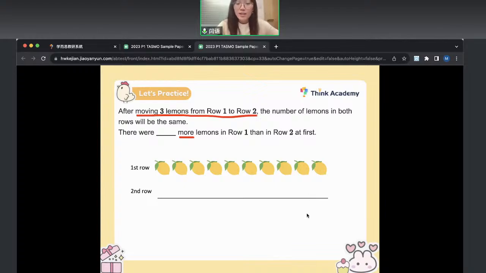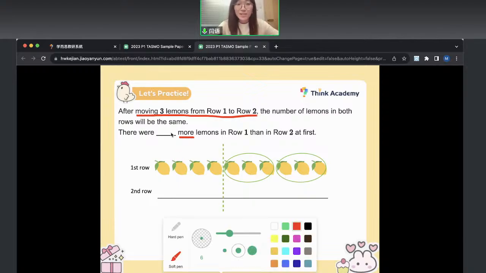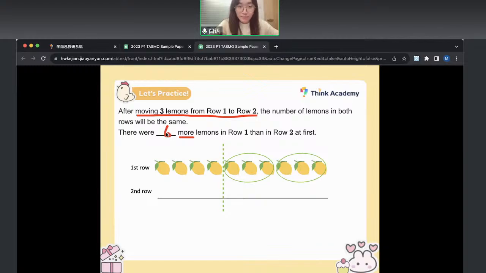So again, let's have a look. We already know that row 1 has more, right? Because we move 3 lemons from row 1 to row 2. So here, give 3. And also you need to keep 3. Give half, keep half, right? So now you see originally how many more? There are 6 more. Understand? Yes. Who got 9?